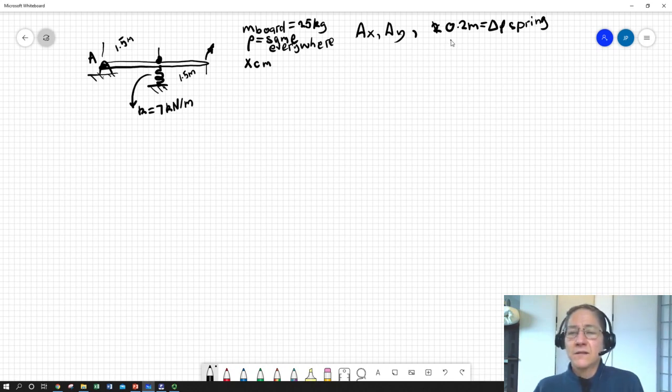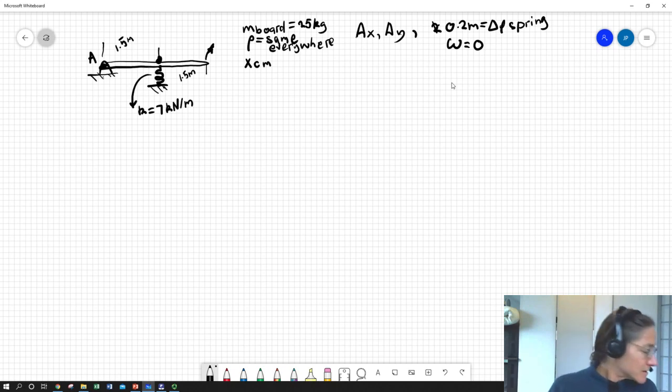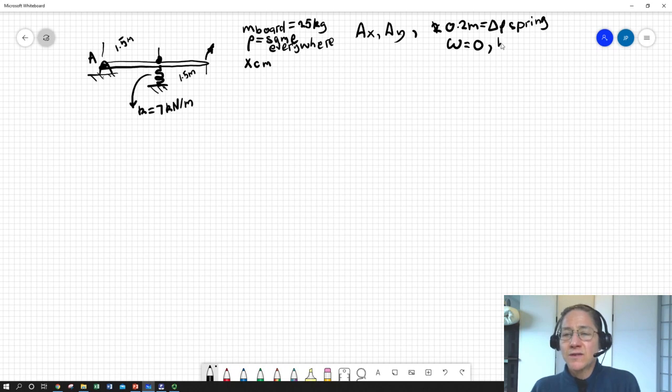And the board's not rotating right at that instant. So it's at rest right then. Not going to stay at rest, but it's at rest right at that instant, and it's horizontal. So these two, the orientation is important.